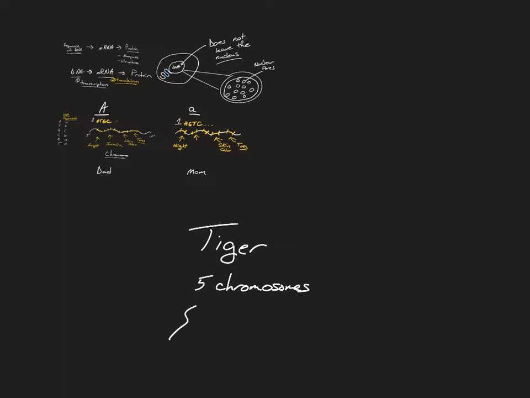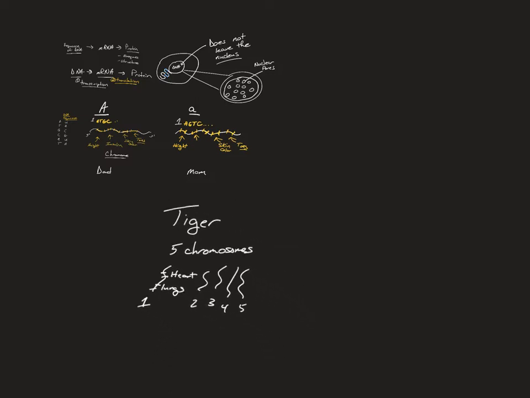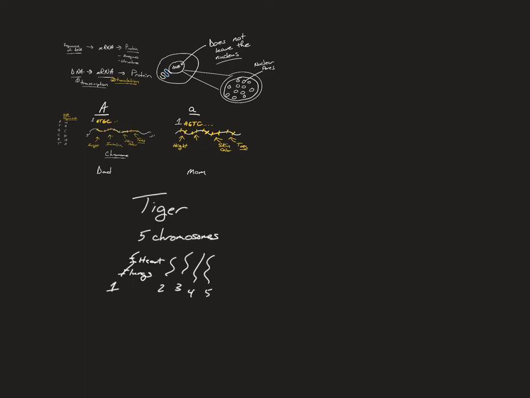And on chromosome number 1, it has the gene for a heart and the gene for lungs, right? And it has 4 others, right? And there's pairs, so it has 2 pairs of each, correct? Yes? All right, so it has 5.